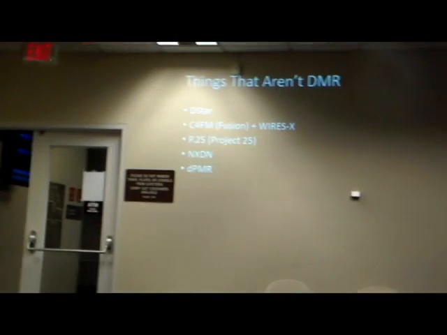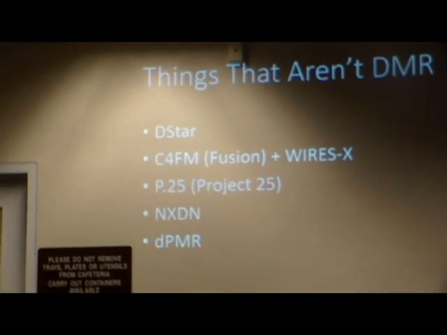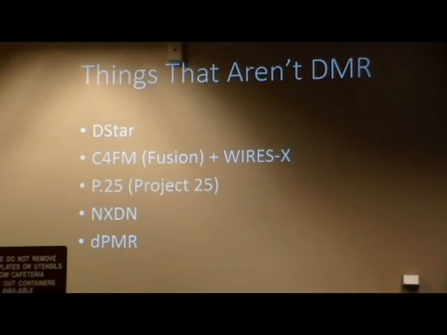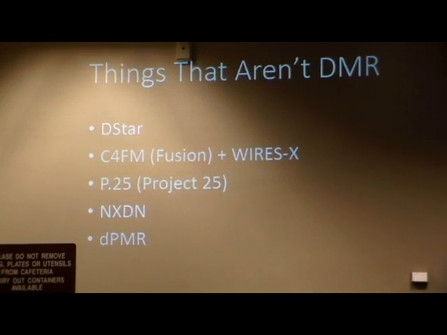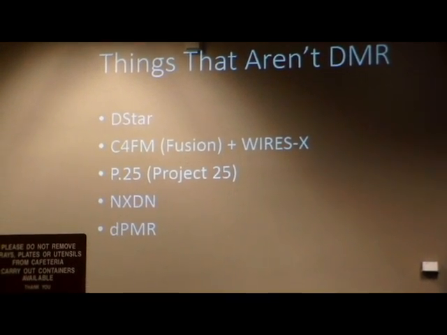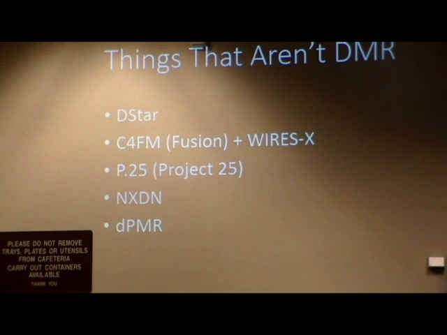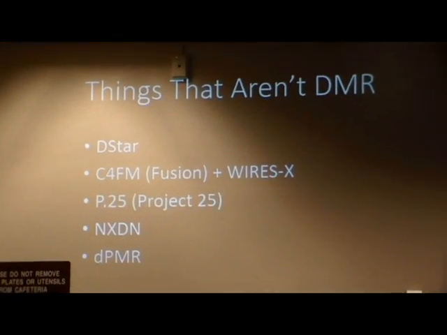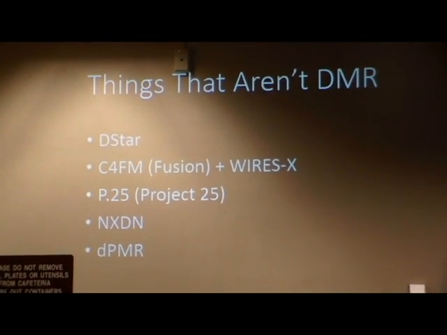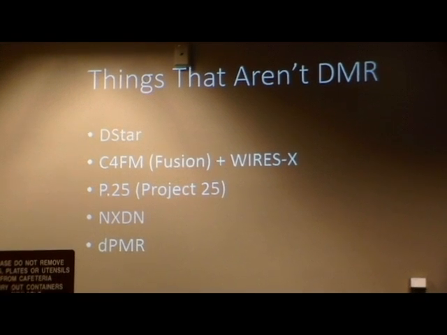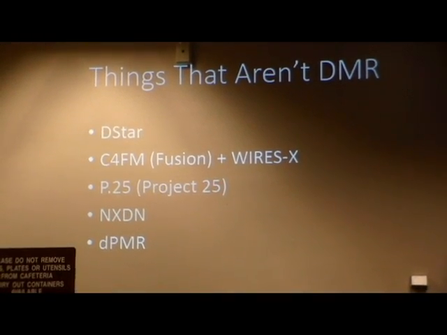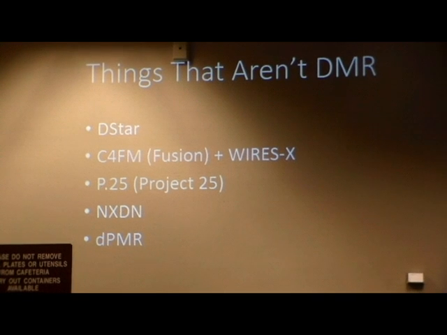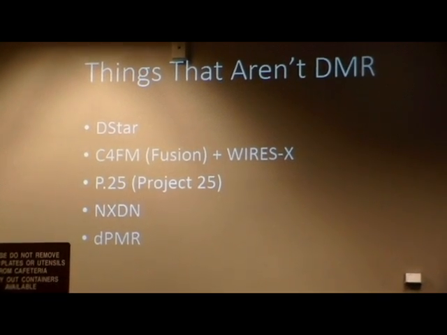My understanding is it's used a lot by the rail industry. Same codec, but again, FDMA, so totally incompatible. And dPMR, another kind of niche European standard, but FDMA, totally incompatible. So these things are all totally not DMR. They're all kind of competing with DMR in one way or another. Some of them are more successful than others.